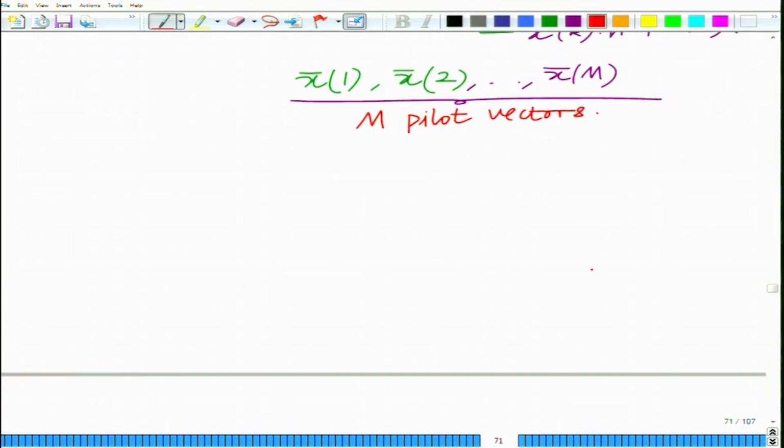Now, considering the transmission of m pilot vectors, I can write the equivalent system as y1 equals x bar transpose 1 into h bar plus n1.